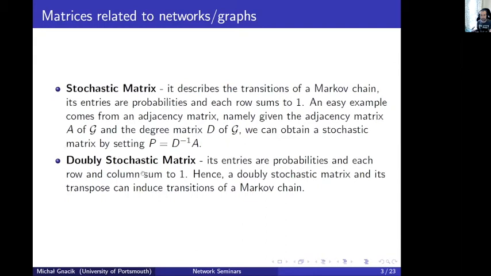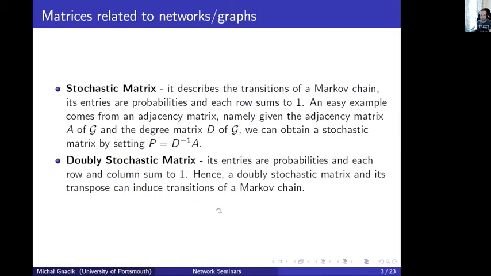So each row and each column sums up to 1. They are not necessarily symmetric, of course. However, if a stochastic matrix is symmetric, then it's clearly doubly stochastic.